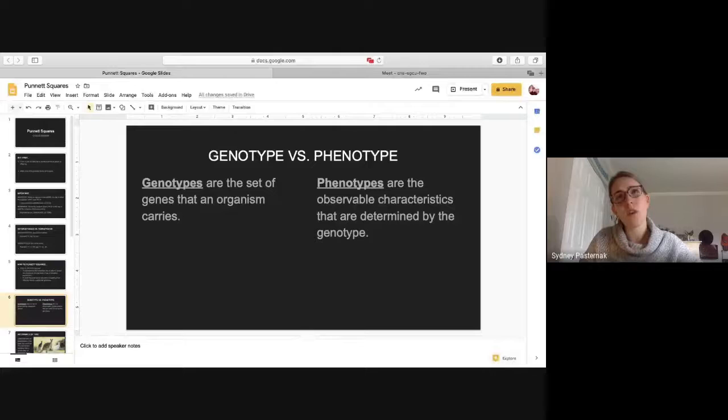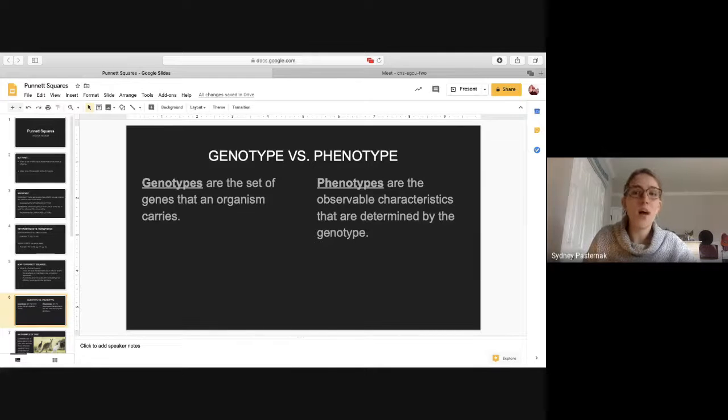And so the genotypes are often associated with that big T, little t, or big T, little t, all of those letters that we see in the Punnett square. The letters themselves can tell us about what the observed characteristics might be.